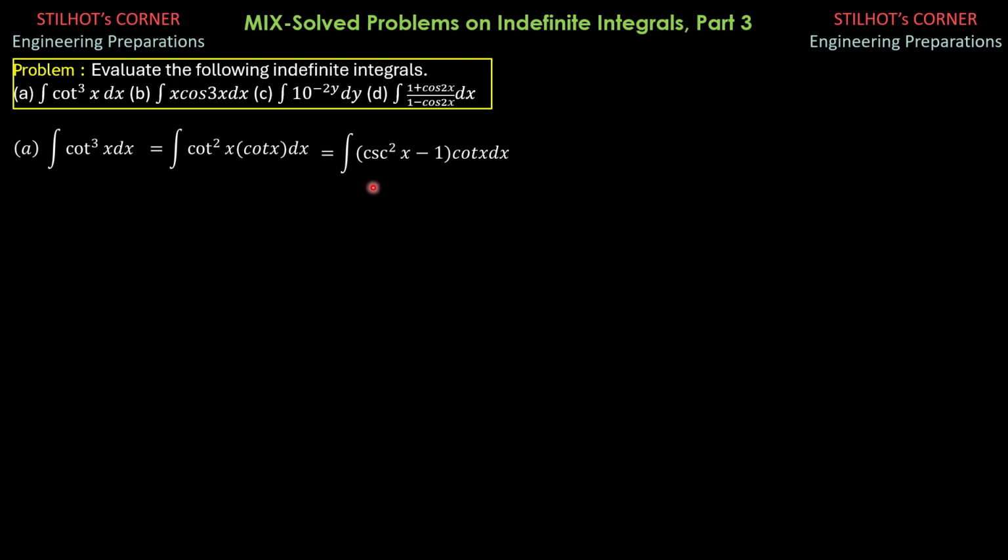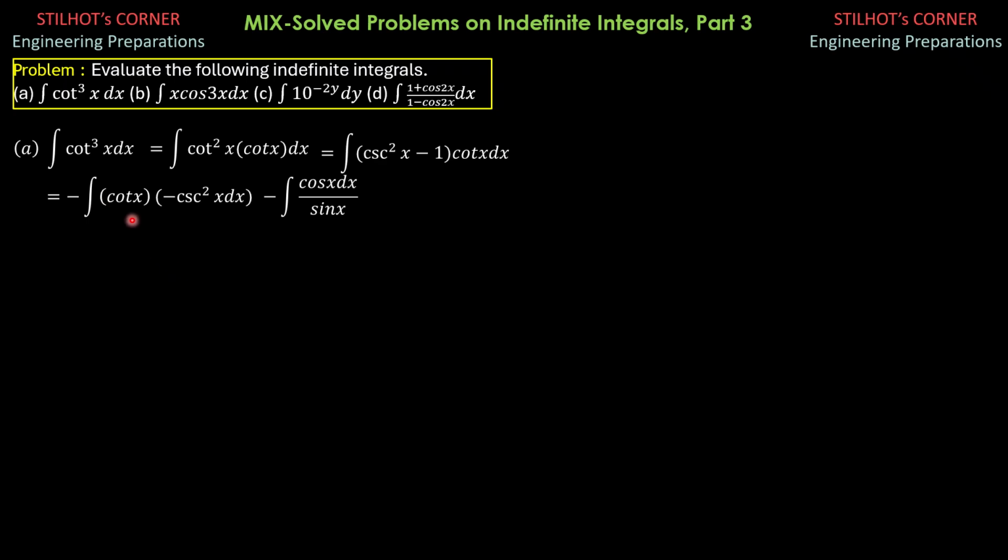So rewriting this into negative of the integral of cotangent x times negative cosecant square x dx, then minus the integral of cotangent x, which is cosine x dx over sine x. So it is now clear here that we can evaluate the integral.